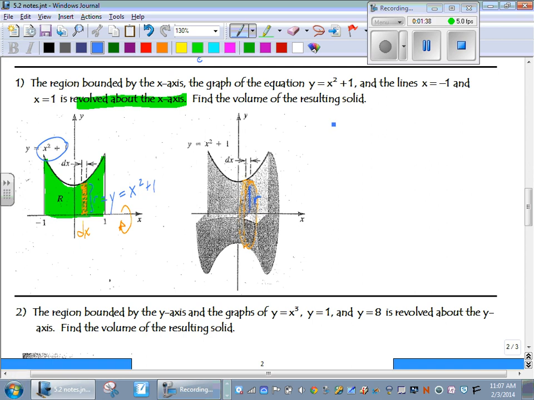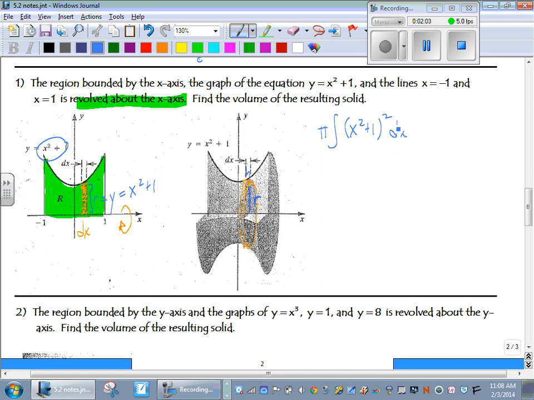So when we set up our integral, it's pi times the radius squared times the height. Well, the pi part, I'm going to put out in front, because remember, with constants, we can pull that out in front of the integral. The radius is x squared plus 1, so that's going to be squared, times the height of the cylinder, that's going to be the dx. All right, the height of the cylinder is dx.